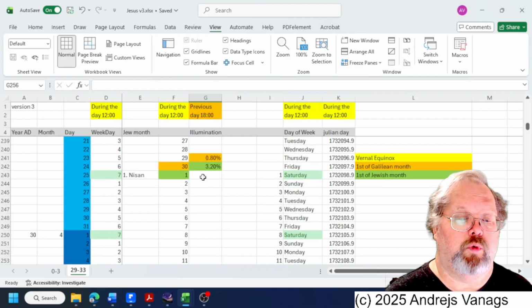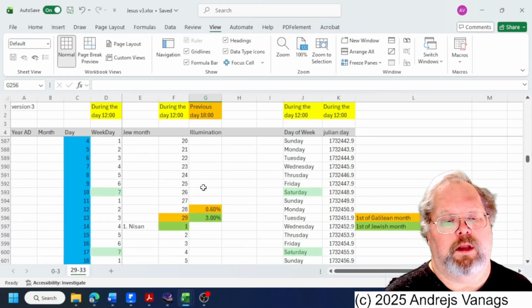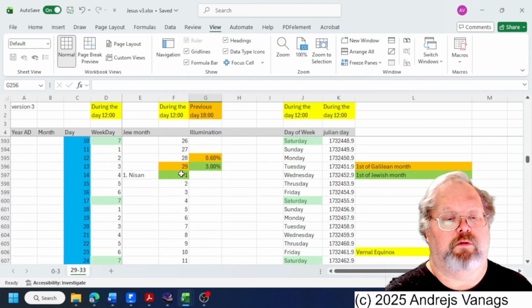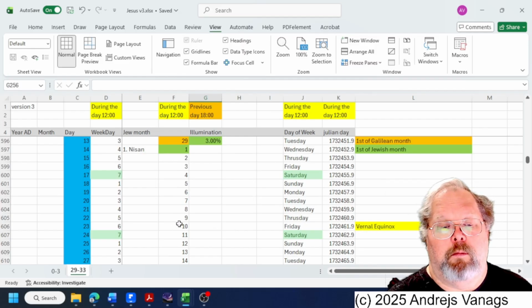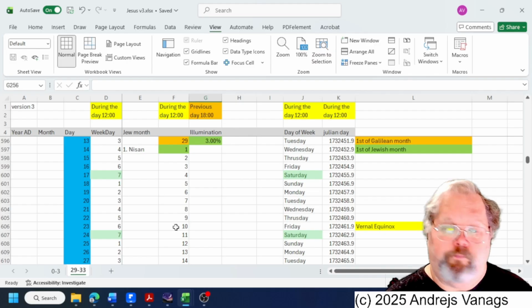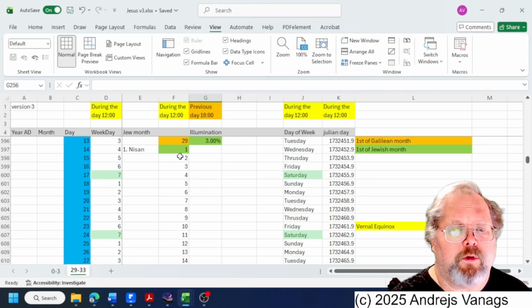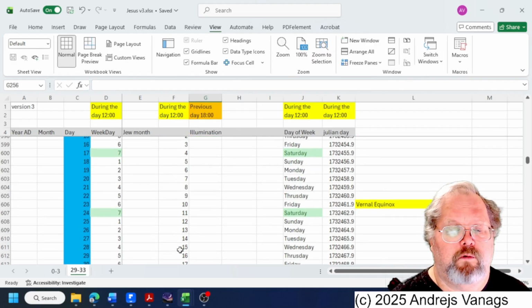And then we go 12 months after that. And then we see that the beginning of the year, the new moon, now is behind the vernal equinox by about 10 days. Still okay, because the new moon will be on the 14th.